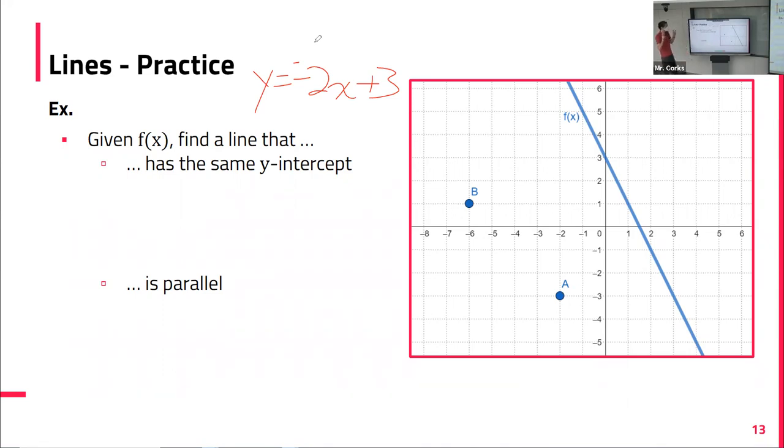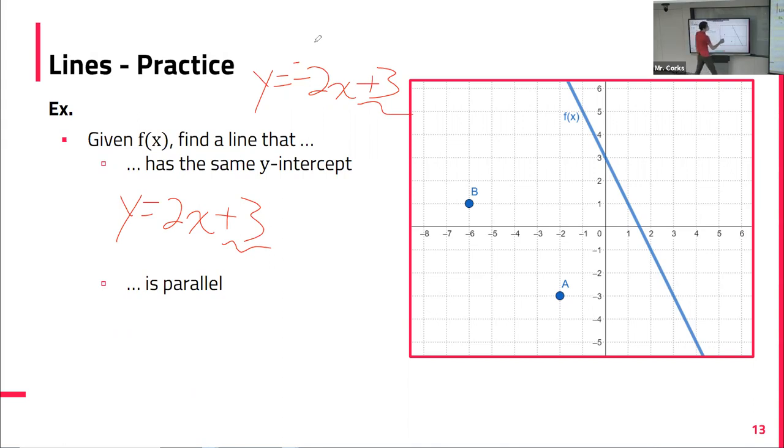Okay, so first, what does opposite mean? And second, we have lots of choices here. 2x plus 3. Okay, so let's look at this. The suggestion we heard. y equals positive 2x plus 3. Intercept is the same, but our slope is different.